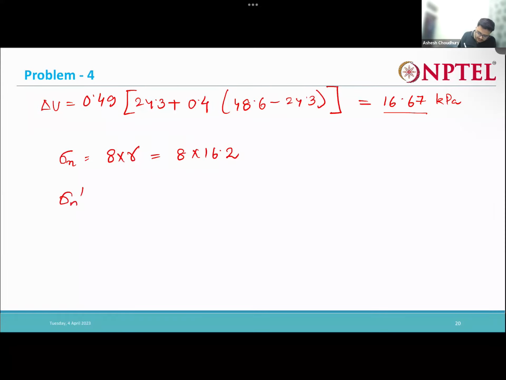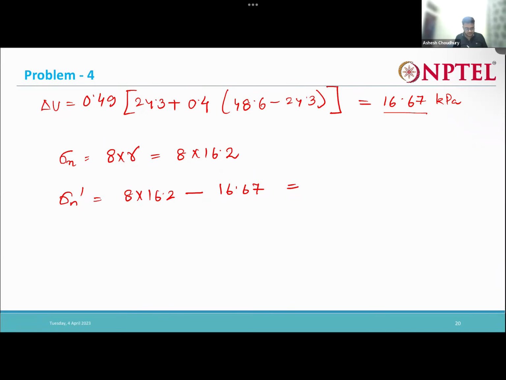And what will be sigma dash? It will be 8 into 16.2 minus 16.67, which is 112.93 kPa. Now we just got the effective parameters.